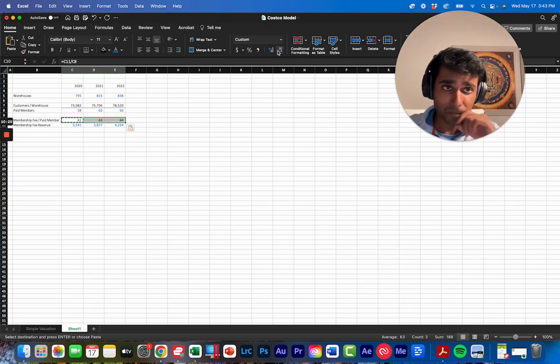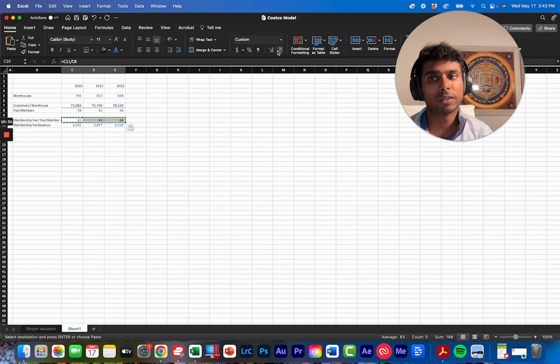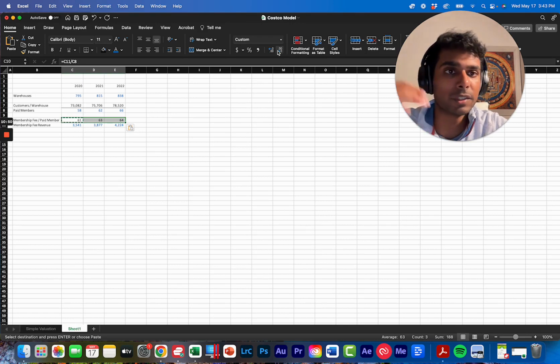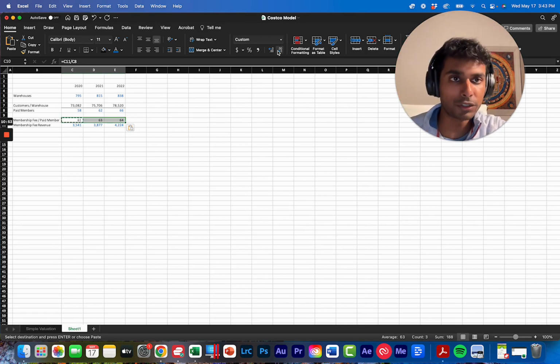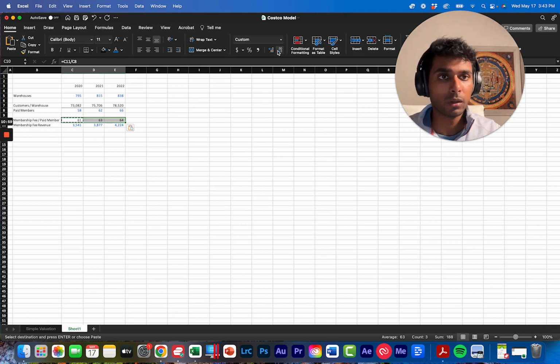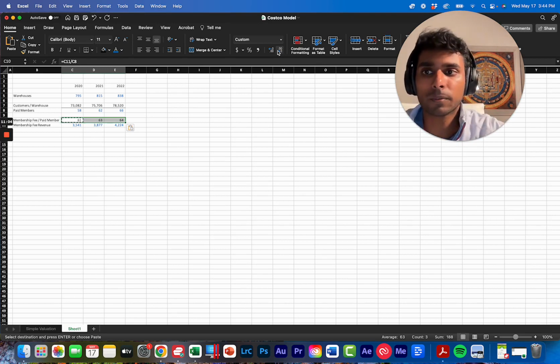So when Costco increases the price of membership fees versus increases the price of merchandise, that flows through to diluted EPS in two different ways, right? Because when they hike the price of merchandise sales, that comes in at a lower incremental margin, right? So that means that when we forecast growth, we need to break up these two lines of business so that we can be more accurate in forecasting growth.